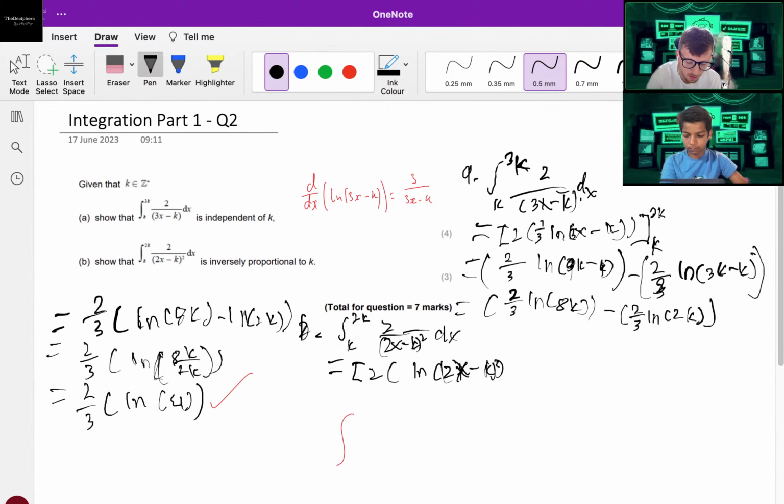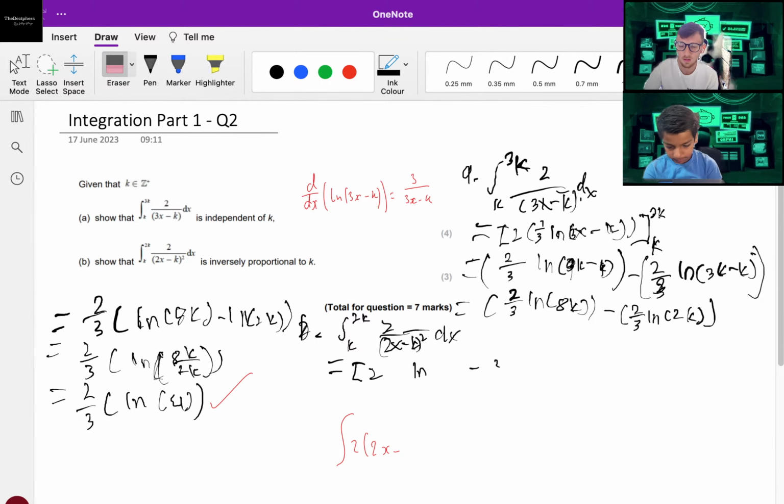So it might be easier to think of, and the fact it's only 3 marks is a bit of a giveaway, but it's not an ln as well. It might be easier to think of it as 2 times 2x minus k to the negative 2. That might be a little bit easier to think about it that way.